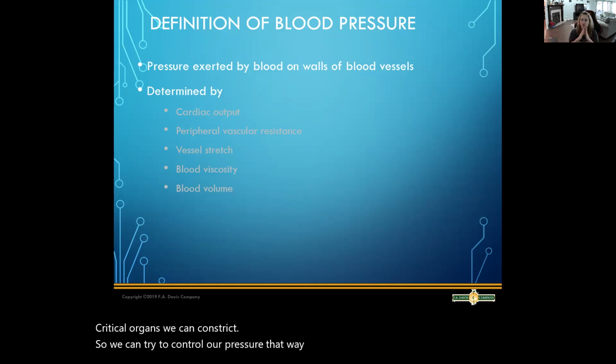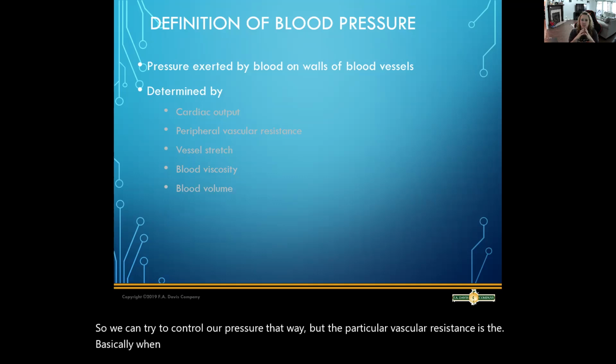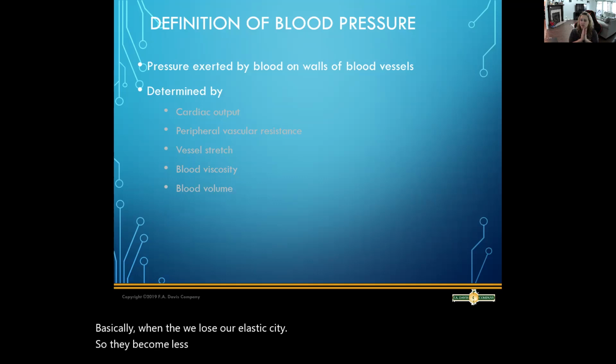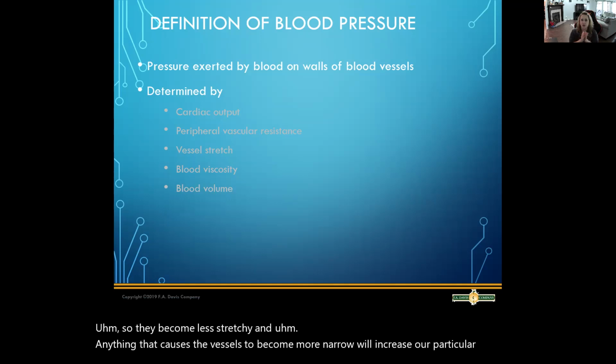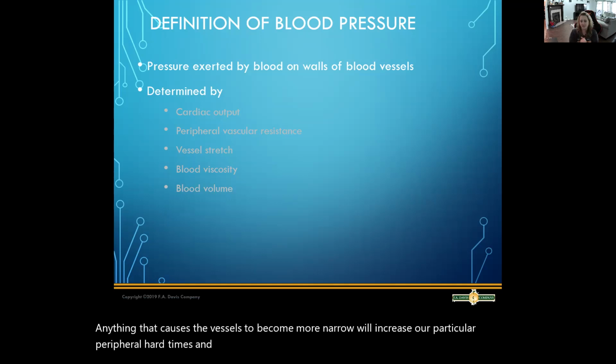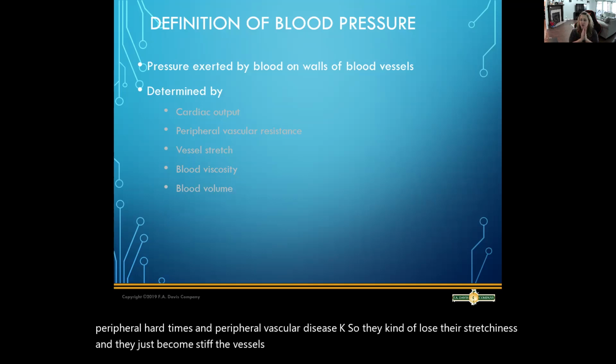But peripheral vascular resistance is basically when we lose our elasticity, so the vessels become less stretchy, and anything that causes the vessels to become more narrow will increase our peripheral vascular resistance. They lose their stretchiness and just become stiff, and so they can become more narrow as a result.